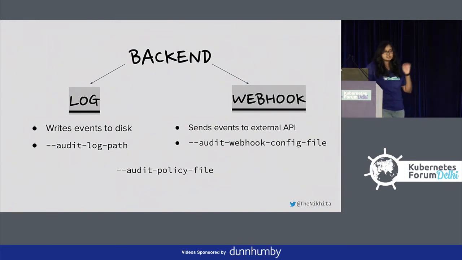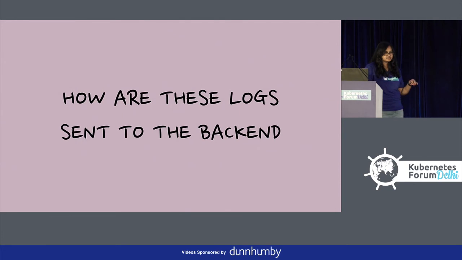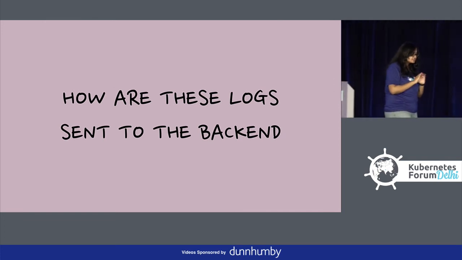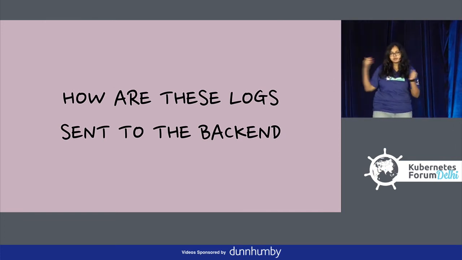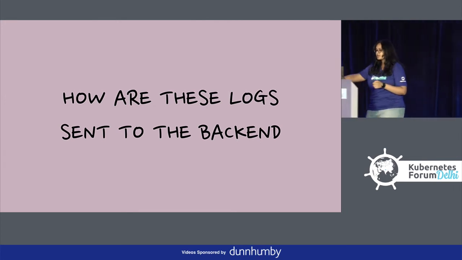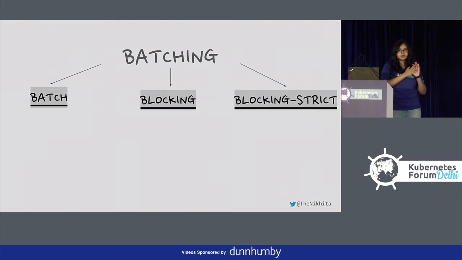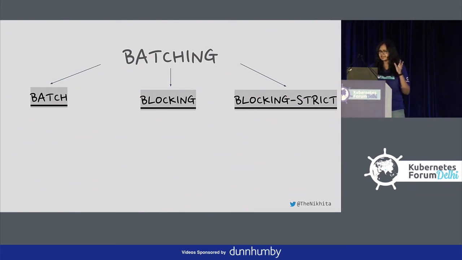So let's go a little deeper. We figured out that these logs go to a backend. Now we can also tell Kubernetes how we want all of this information to go. That's defined by batching. So do we want it to go in batches, or do we want them to go individually, or do we want something else?